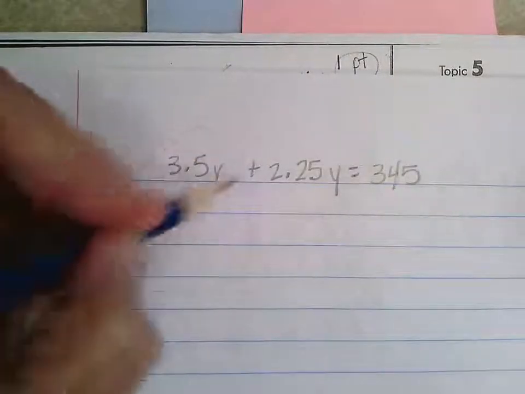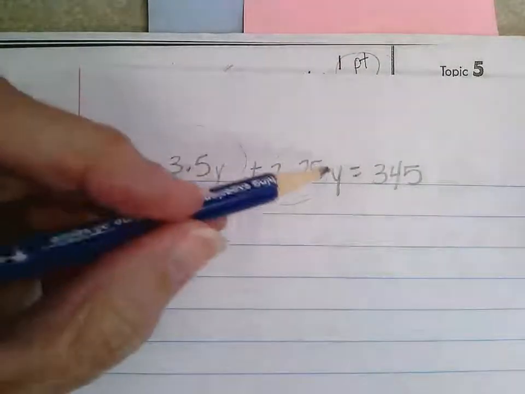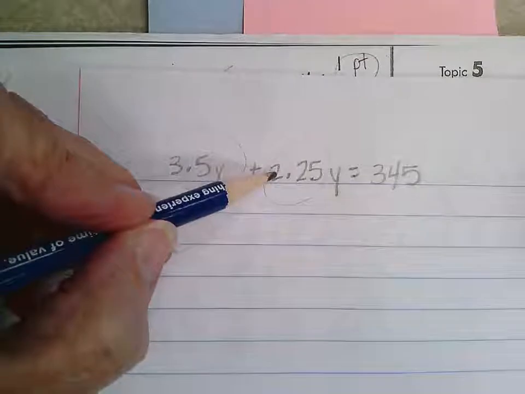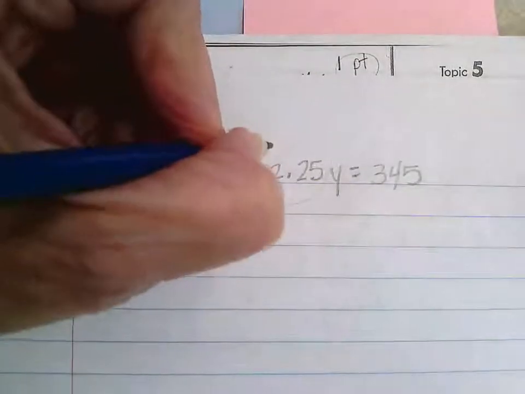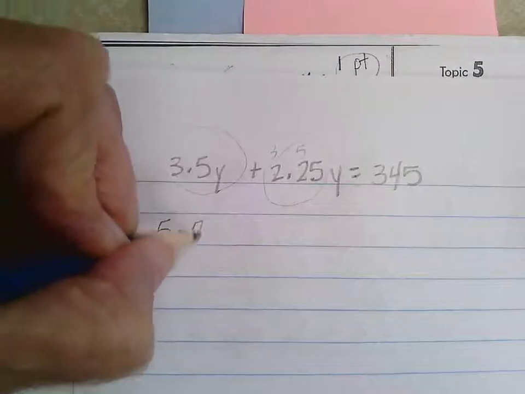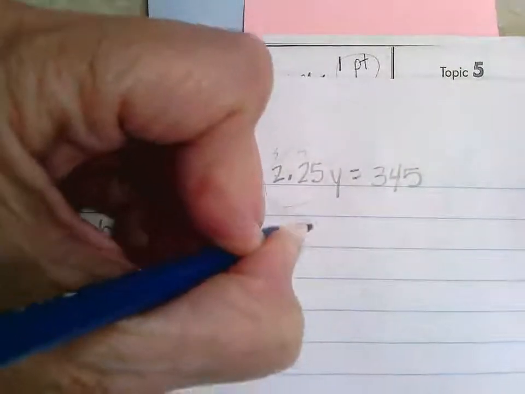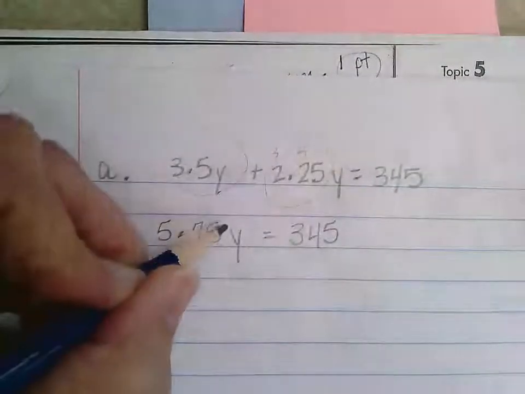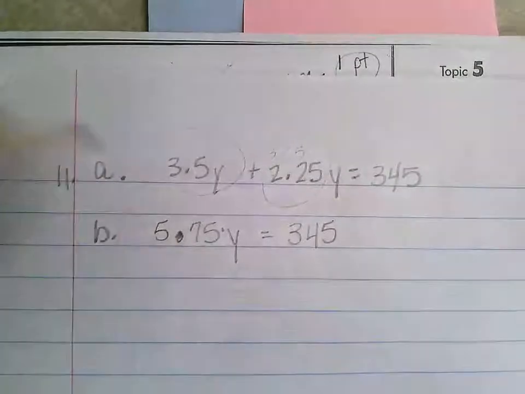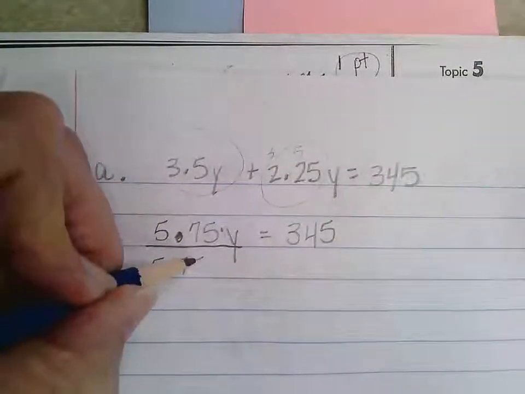So when I combine like terms, my like terms are the y's. So 3 5/10 y plus 2 25/100 y is going to give me 5 75/100 y is equal to 345. This is a multiplication problem, so I'm going to divide each side by 5 75/100.